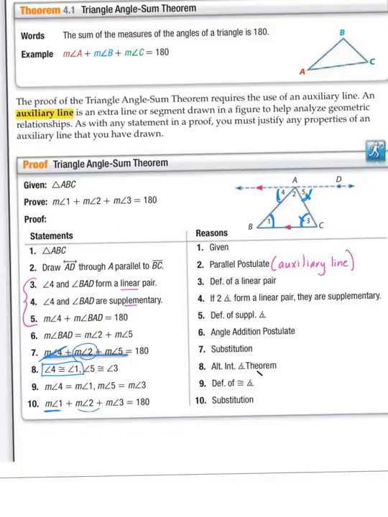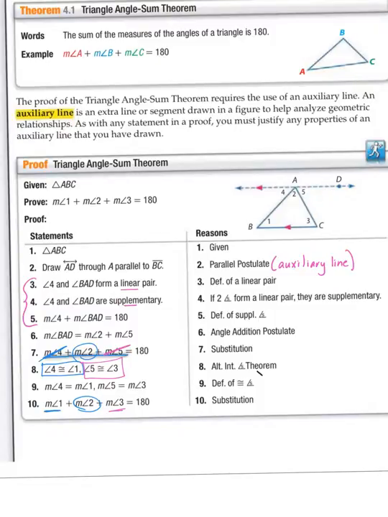Okay, 2 stays the same. Since 5 and 3 are equal, let's bump out 5 and replace it with 3. So that tells me that angle 1 and angle 2 and angle 3 all add up to 180 degrees. If I go over here and look at my little triangle, angle 1, angle 2, angle 3 are the 3 angles that make my triangle. So we've proven that there are 180 degrees in a triangle.